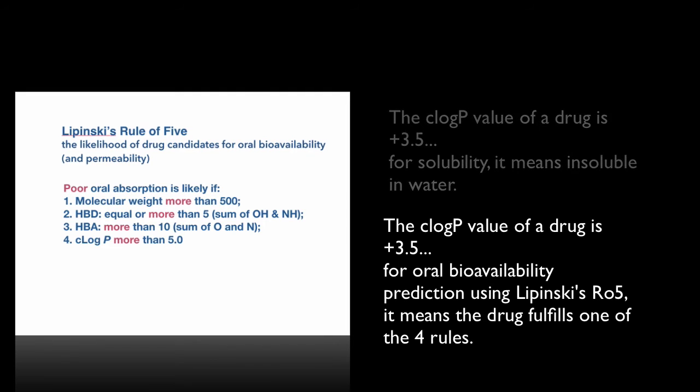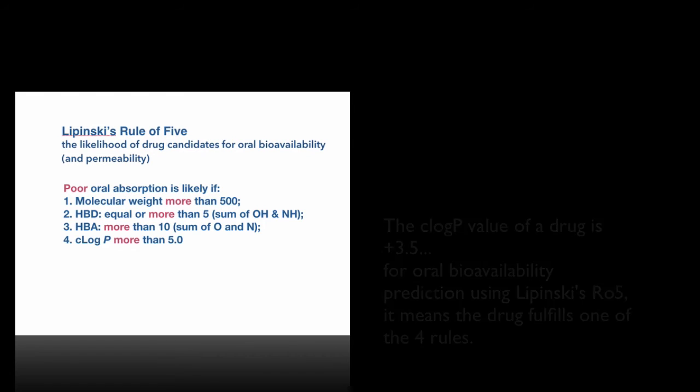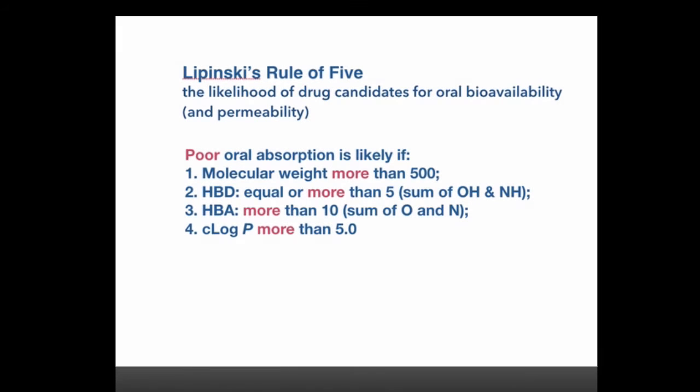But if a question asks for Lipinski's, and you have calculated the molecular weight, the HBD, the HBA, and now it says the ClogP for this particular lead molecule is plus 3.5, then of course the compound fulfills one of the rules of Lipinski's. So I hope you are clear on this matter, the use of ClogP in Lemke's and in Lipinski's rule of 5.